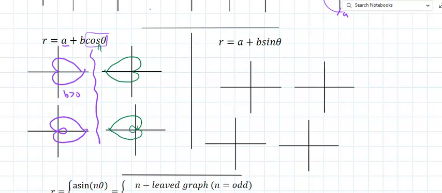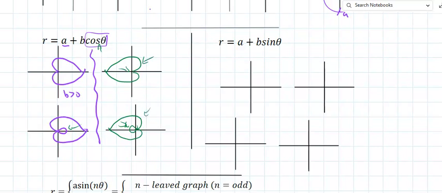It could be with a loop or without a loop. Again, we'll point that out. I'll show you how to get the whole graph from the actual basic graphs, but this helps a lot if you keep that in mind because of symmetry. So once I get the upper half, I know the bottom half looks the same.